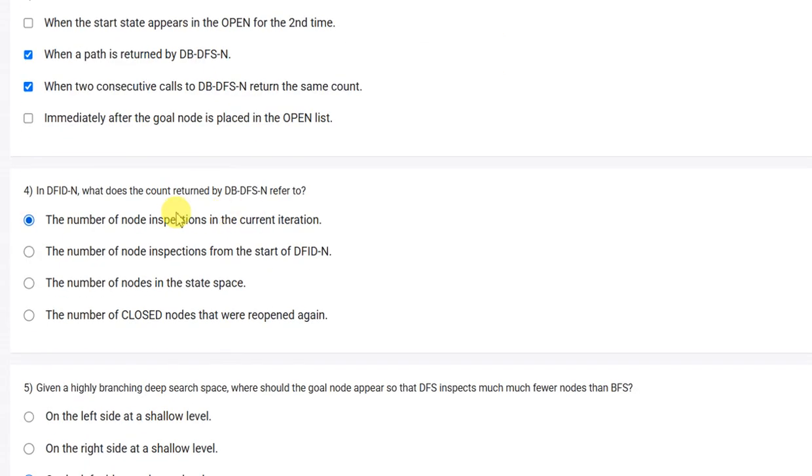And in DFIDN, what does the count returned by DFSN refer to? The number of node inspections in the current iteration. Because in DFIDN, we are working with the n value, and we are using this n value to see where we are in the current iteration, and we're counting the number of node inspections in the current iteration.